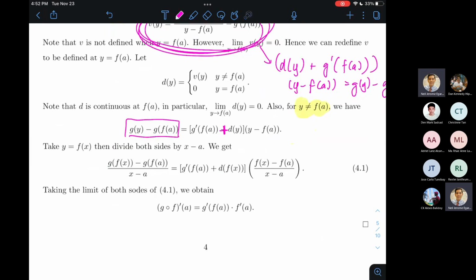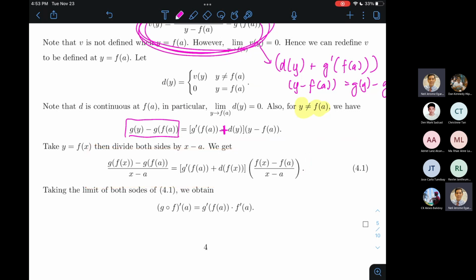And then we will replace y by f of x. Okay? Assuming that x is not equal to a. And then we divide both sides by x minus a. So mula dito, lahat ng y's, papalitan ko ng f of x. Tapos, i-divide ko both sides by x minus a. That will give us equation 4.1.